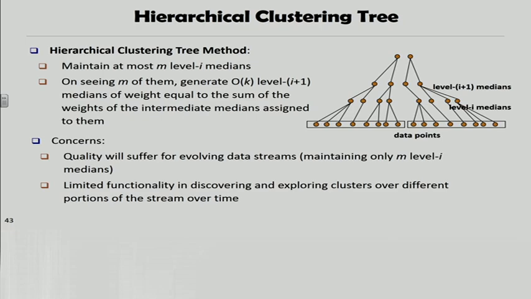You just need to keep these K median points plus the current batch of data. That's their algorithm. Is that clear? That means you don't need to keep much data. The only difference is these K points have to carry a weight. Otherwise, you're going to be very wrong, right?